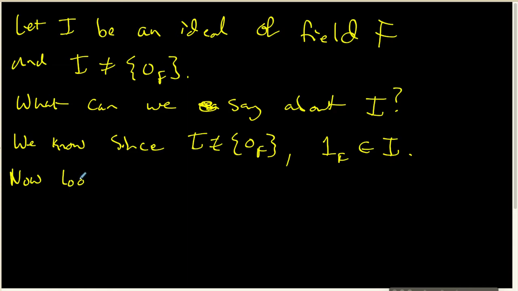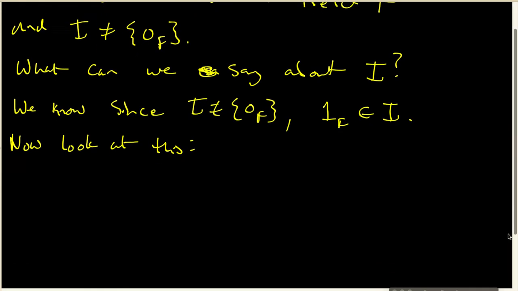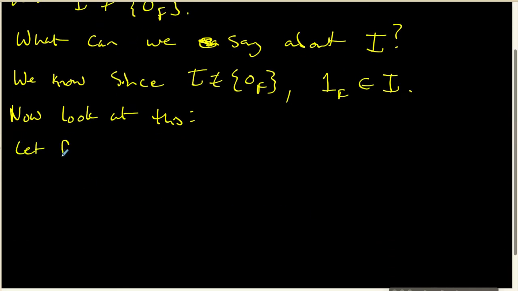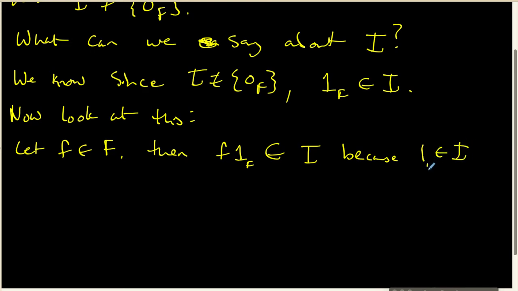Now look at this. Let f be any element of our field capital F. f times 1 has to be inside I because 1 is inside I and f is inside our big ring, the field capital F, and I is an ideal.